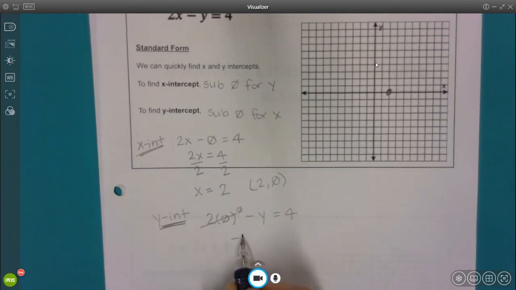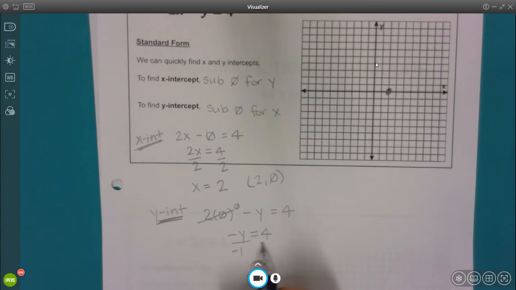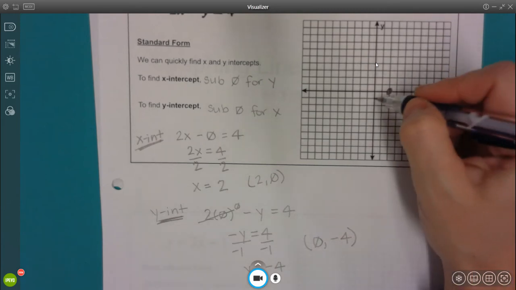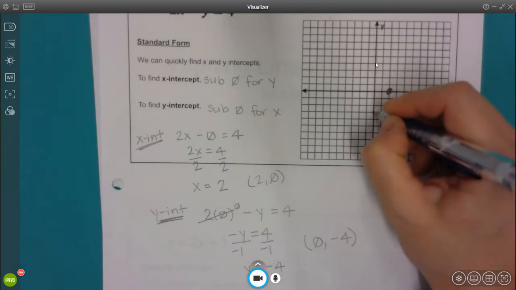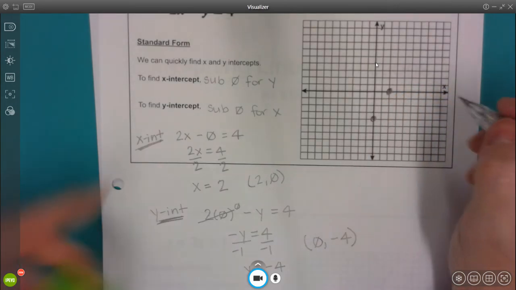So I'll have negative y equals 4. I don't want negative y, I want positive y. So I need to divide by negative 1. So y would be equal to negative 4. That tells me my y-intercept is (0, -4). 1, 2, 3, 4. And I can connect these 2 points.